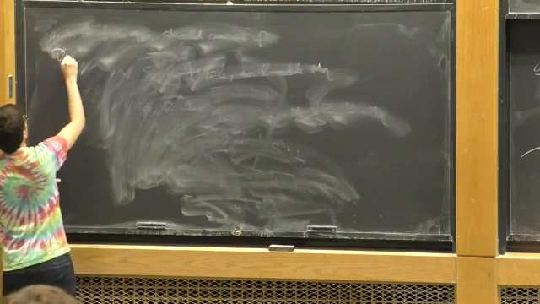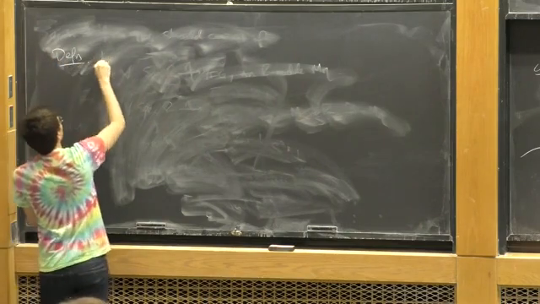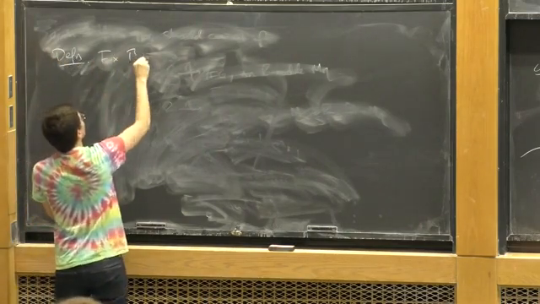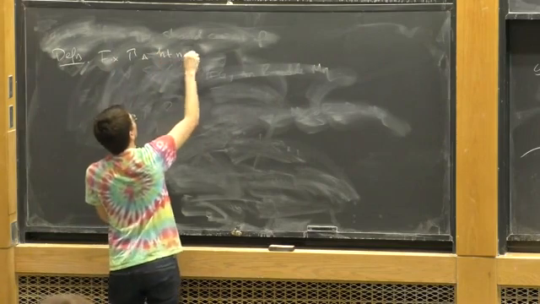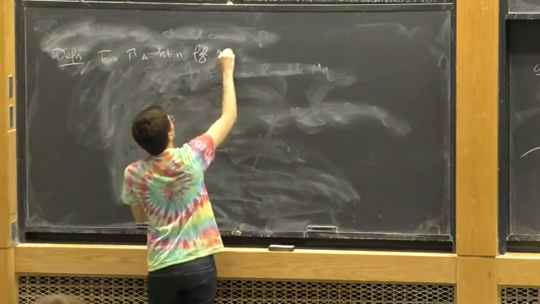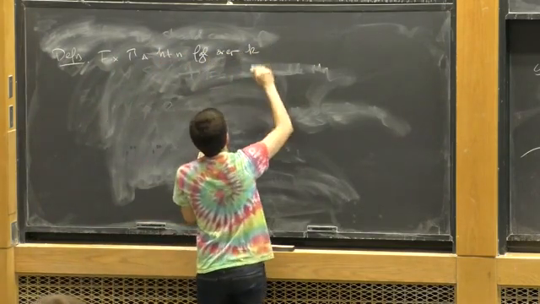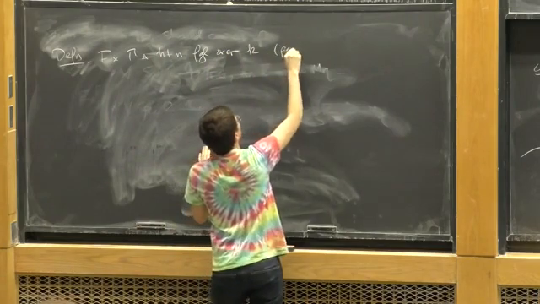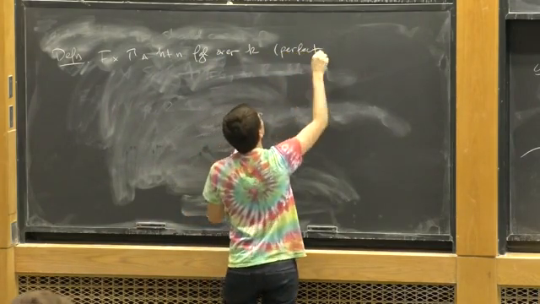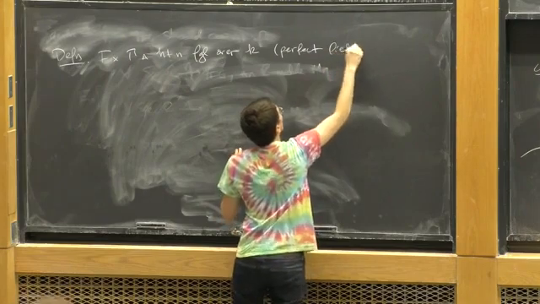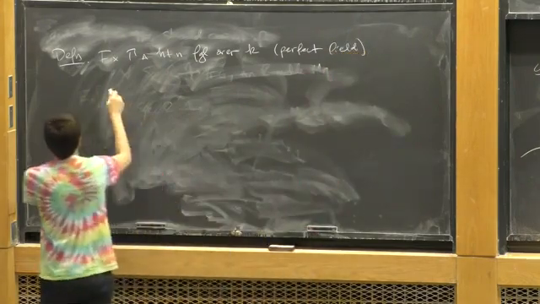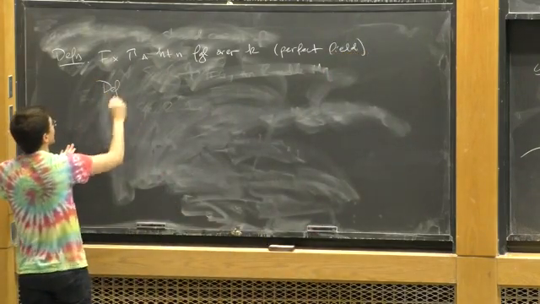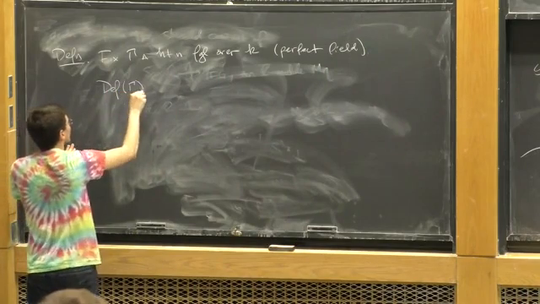So let me make a definition. Fix gamma, a height n formal group law over K, which doesn't have to be algebraically closed, but it has to be a perfect field, for example F_p. Then I'm going to define a functor, deformations of gamma.